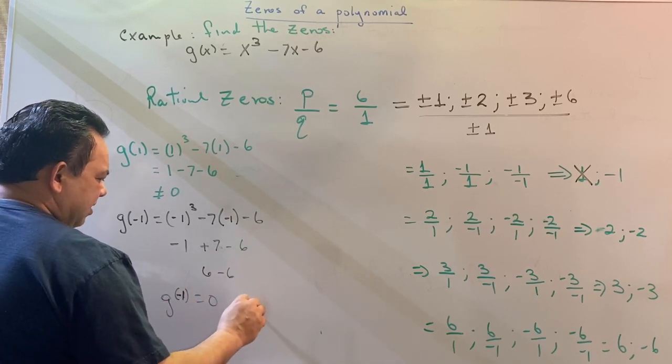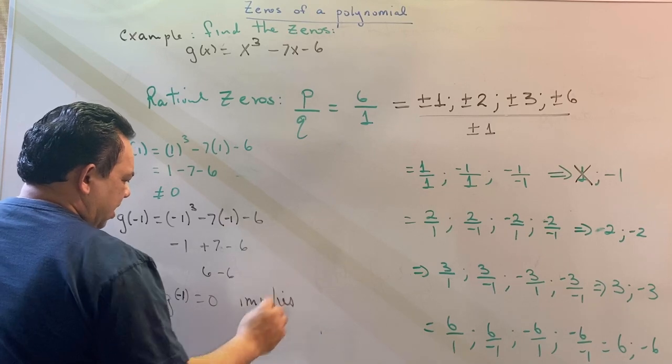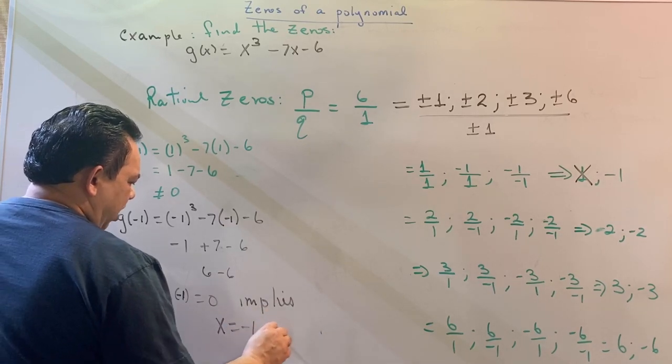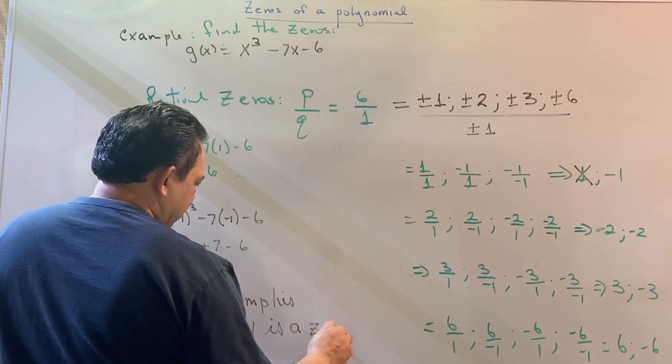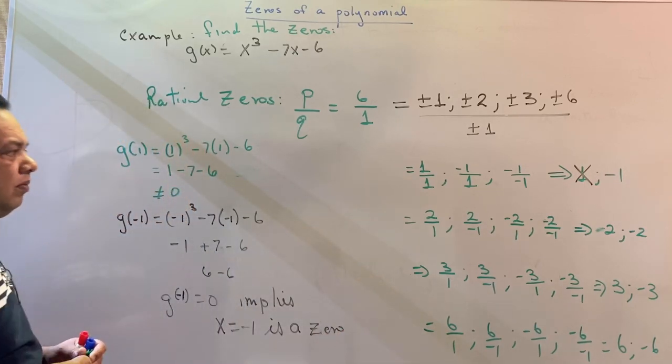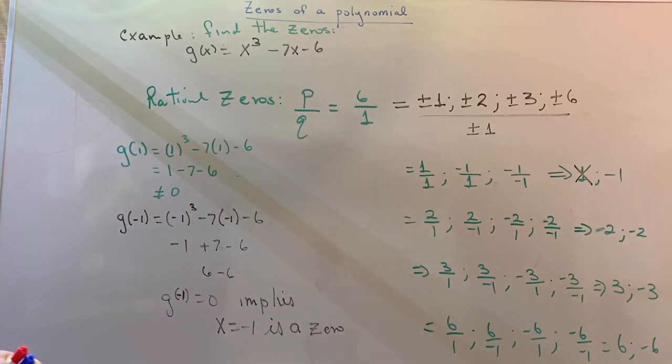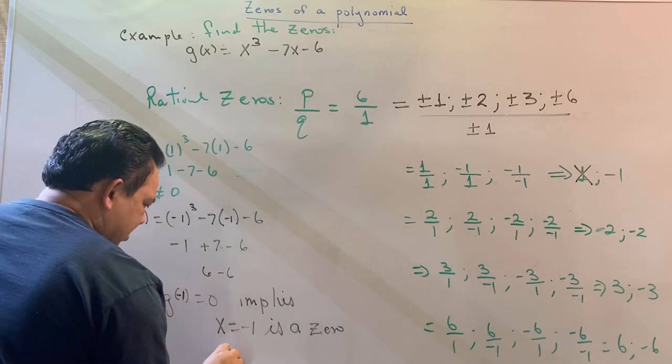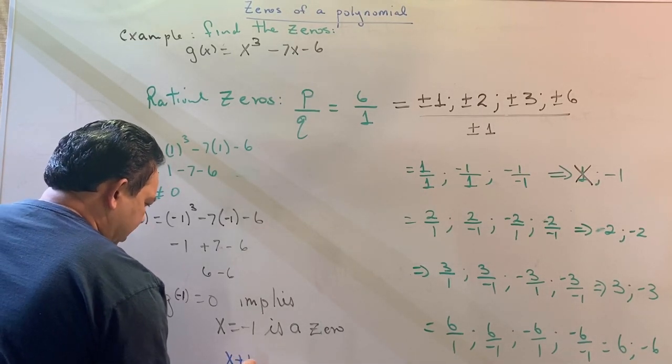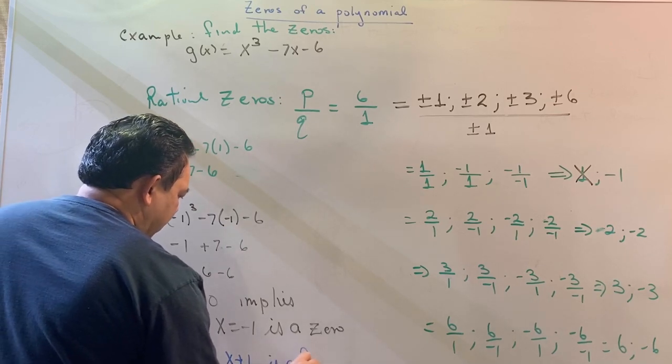This implies that x equal -1 is a 0. If x equal -1 is a 0, this tells us that x plus 1 is a factor.